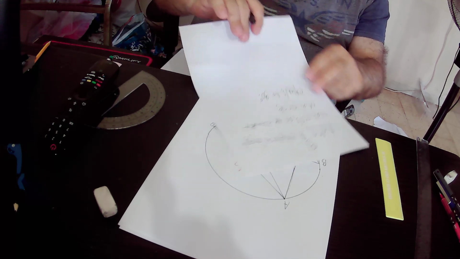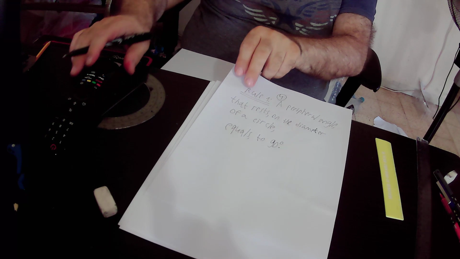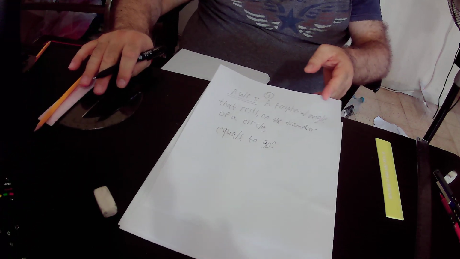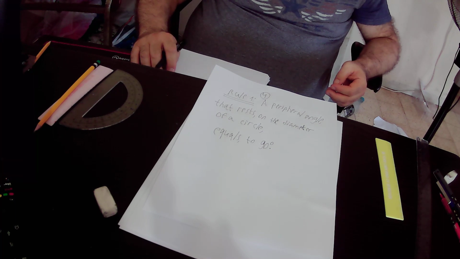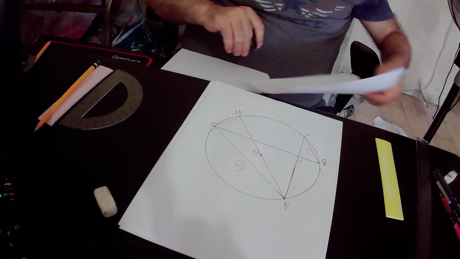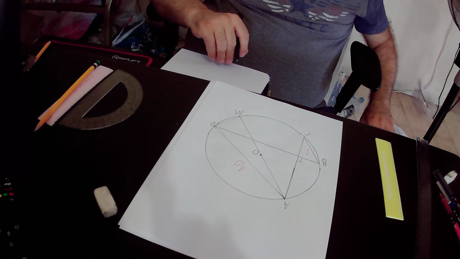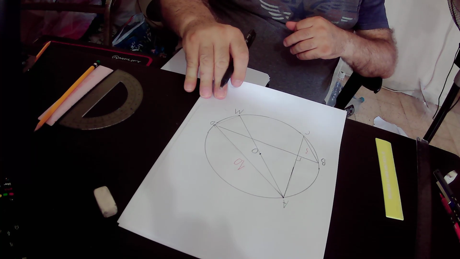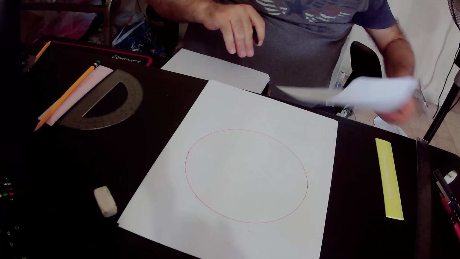I will read again rule number 1. Rule number 1 states that a peripheral angle that rests on the diameter of a circle equals 90 degrees. So I will show you an example of a peripheral angle that rests on the diameter of a circle.